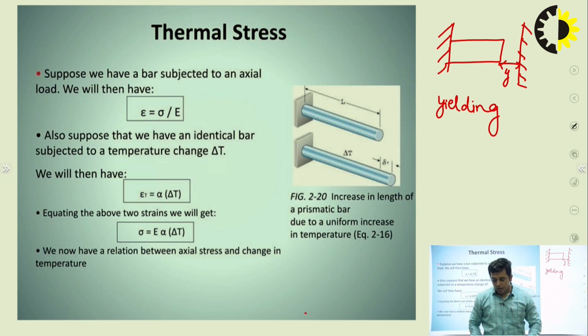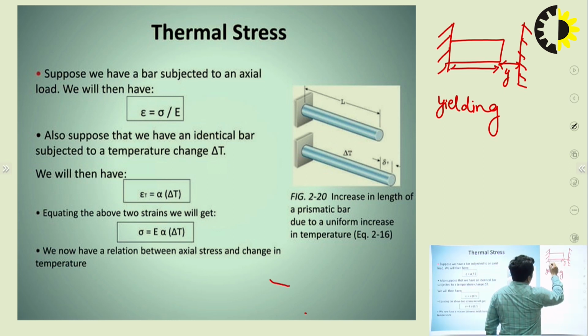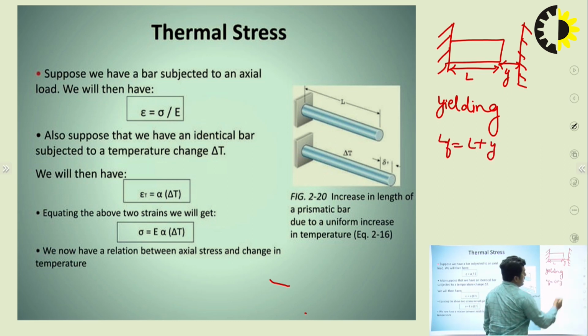Now, if this is the length of the member and this is the extra part, the total final length will be given by L plus y. Whenever this length becomes L plus y, only then will sigma T develop.